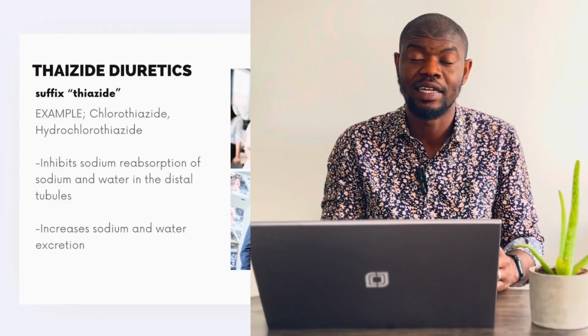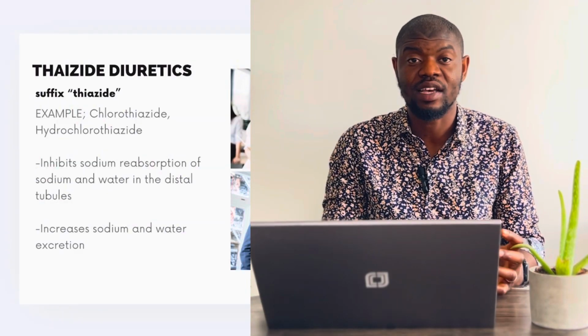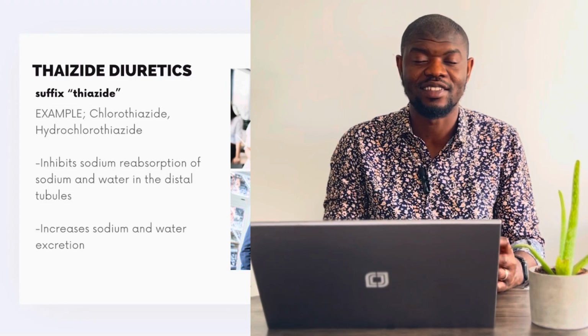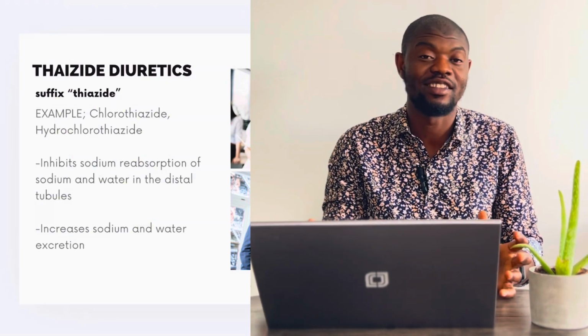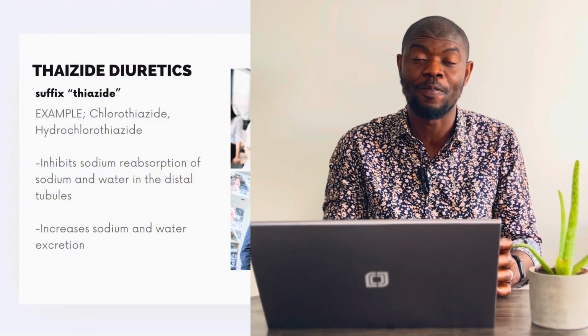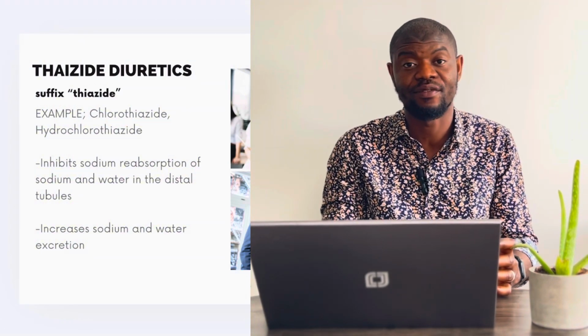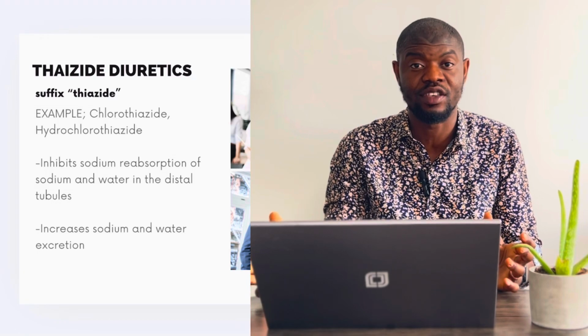Moving on, the next group of diuretics we want to look at are your thiazide diuretics. These ones have a suffix that ends in thiazide, so it's a bit easier to identify this type of diuretic when you see them.